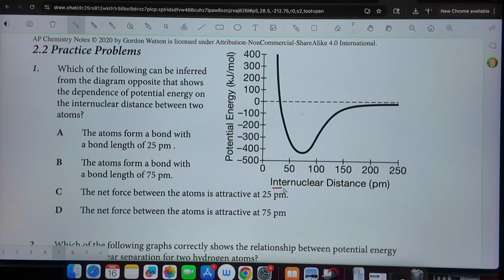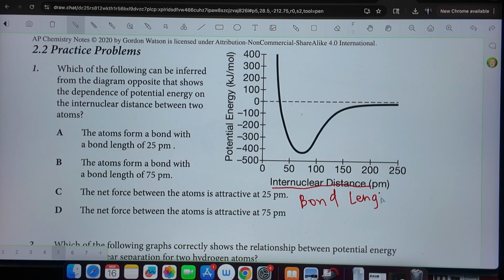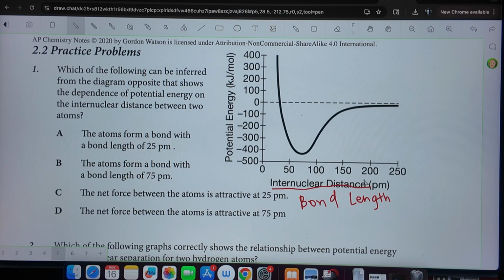Okay, so the internuclear distance, excuse my stylus, is basically the bond length. So you should be marking up your paper as I am. And that's basically what they're asking for. If you look here, you find the bond length at the minimum right here.